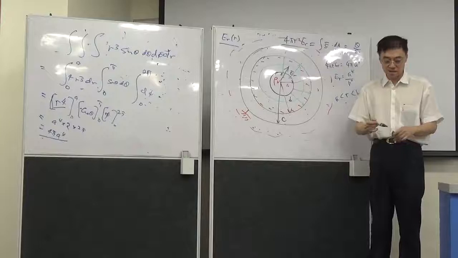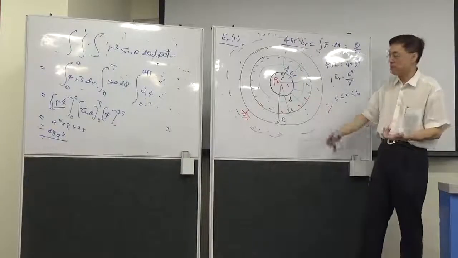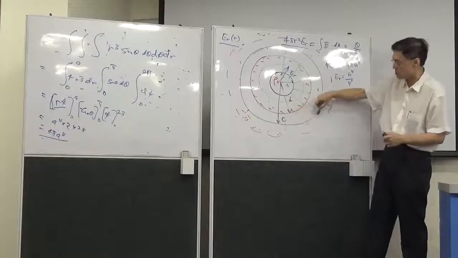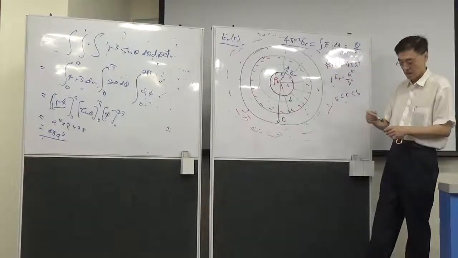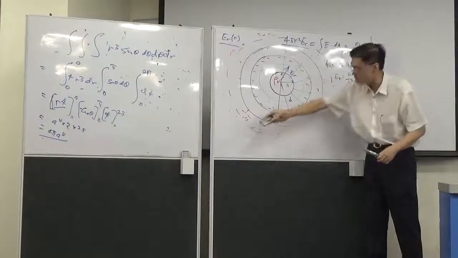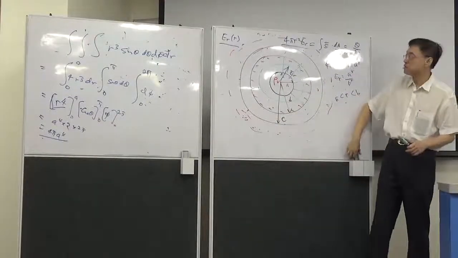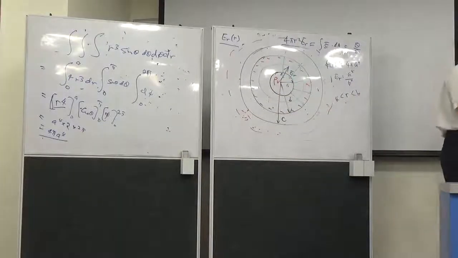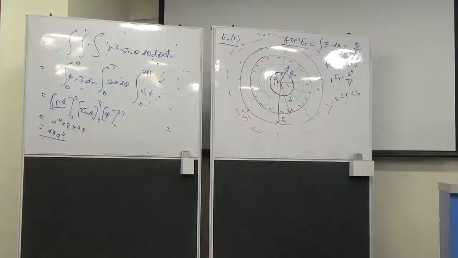One here positive, one negative. So, if the thing is not grounded, that means there will be the same amount of positive charge outside here. But if it's grounded, the positive charge is drained to the ground. So if you draw a Gaussian surface outside, the total charge enclosed is 0. If the total charge enclosed is 0, this side is 0.